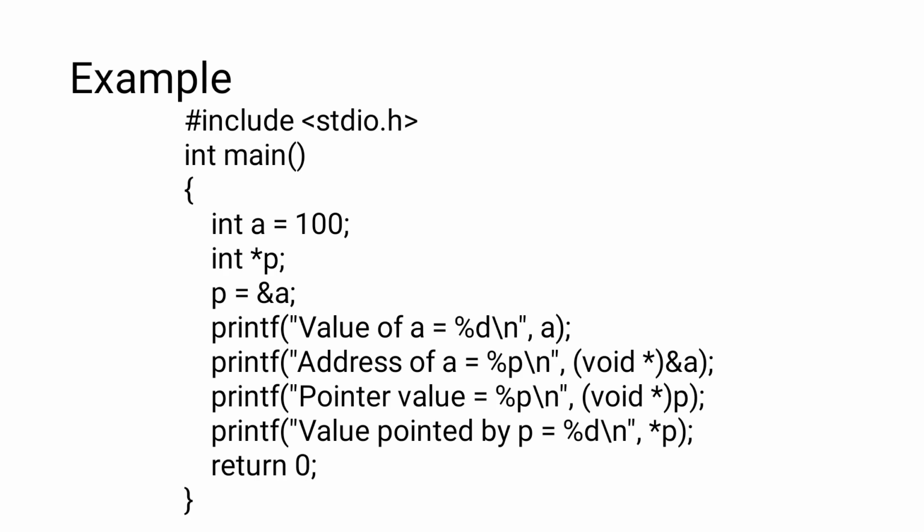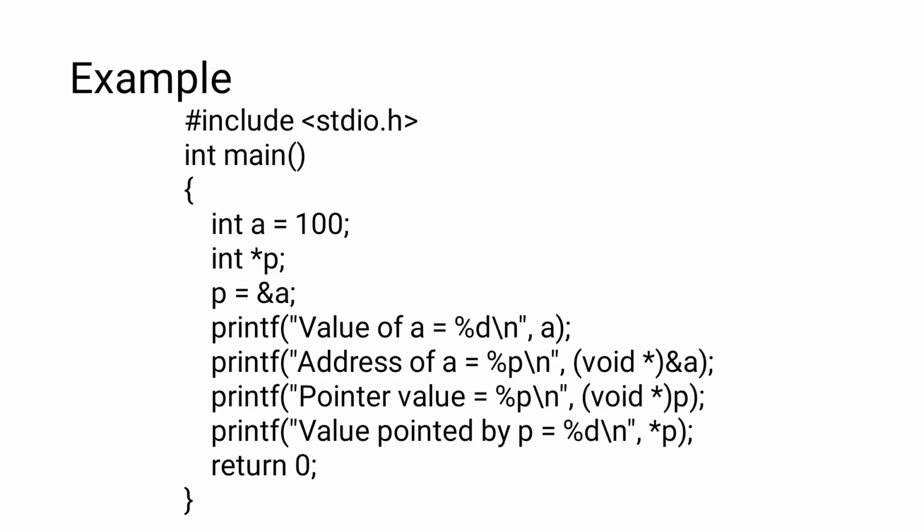And next I am printing the value pointed by p, which is an integer type. Inside p we are storing the address of a. To get the value stored at that address, I have to give *p. So star represents the dereference operator. At the start of the program, for creating a pointer variable we give a star symbol.